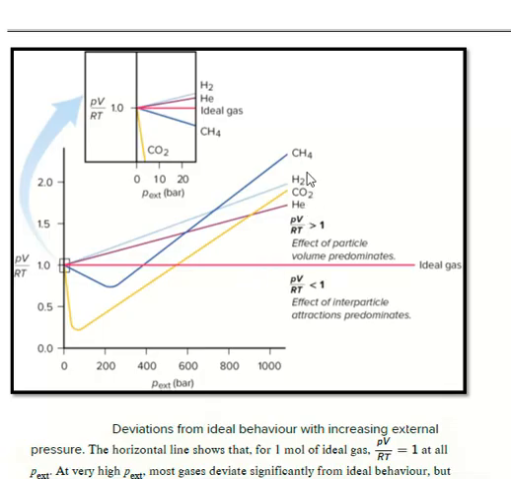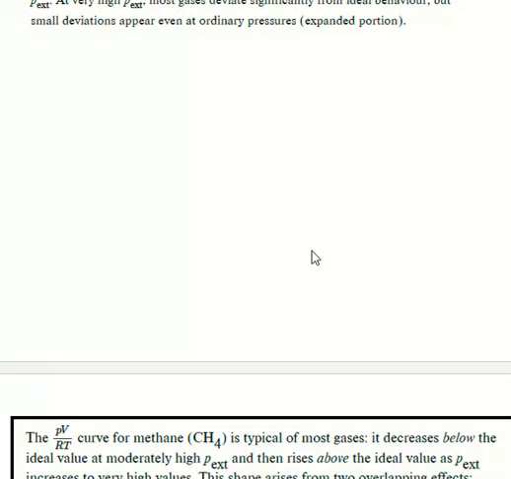For helium and hydrogen, the compressibility factor is always greater than 1. When we increase the pressure, their compressibility factor increases.